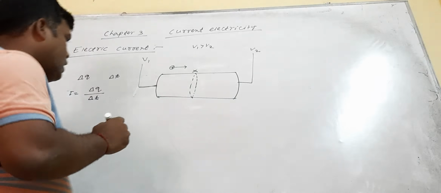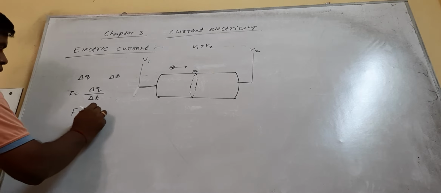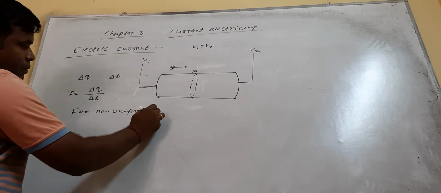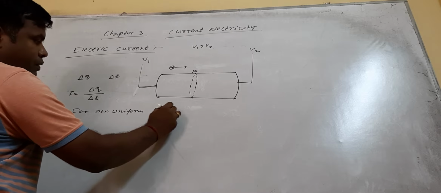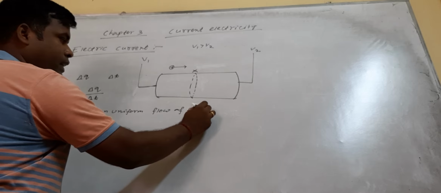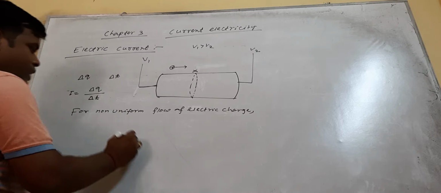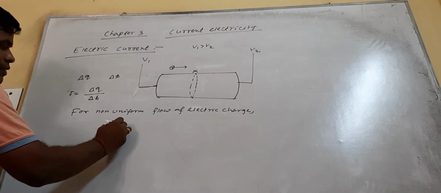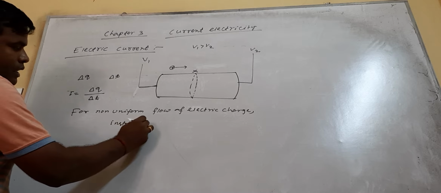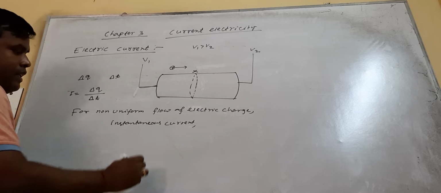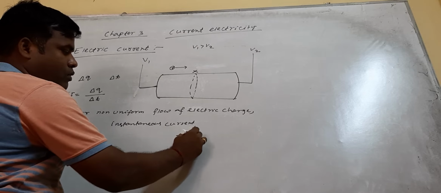So for non-uniform flow of electric charge, the instantaneous current I is equal to limit delta t tends to 0 of delta q by delta t, which equals dq by dt.